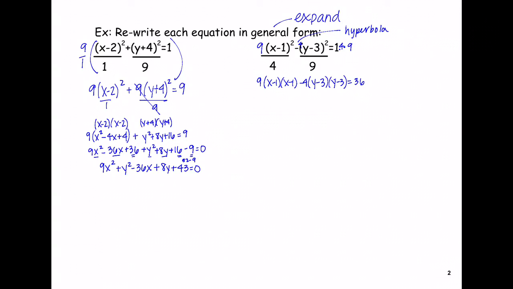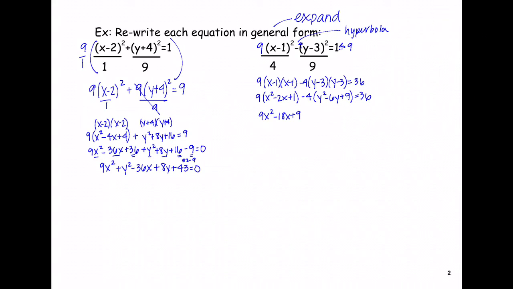Distribute our multiplication, so we get 9 times x squared minus 2x plus 1 minus 4 times y squared minus 6y plus 9 equals 36. Distribute your 9 and you get 9x squared minus 18x plus 9.